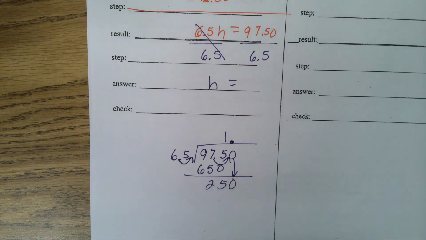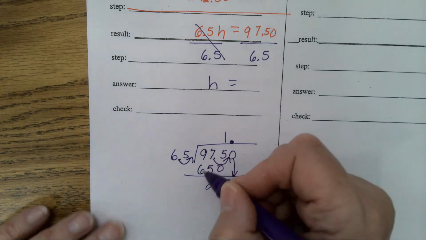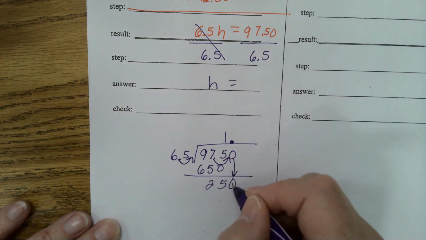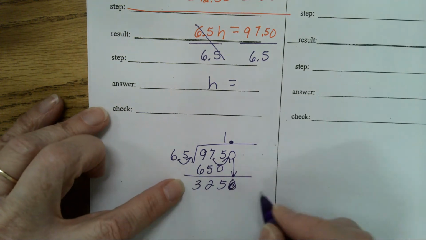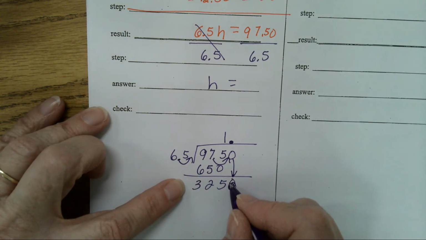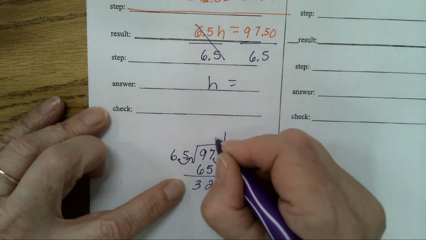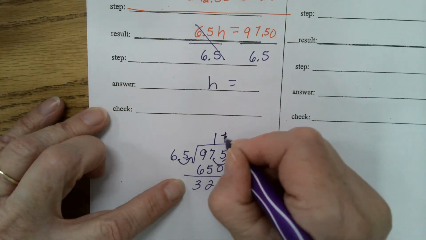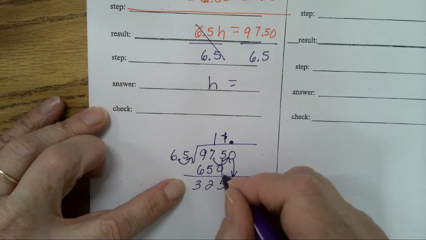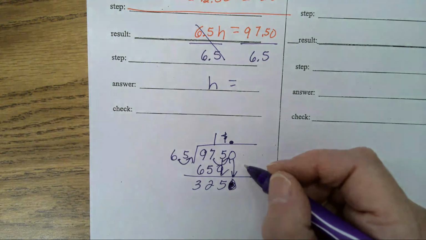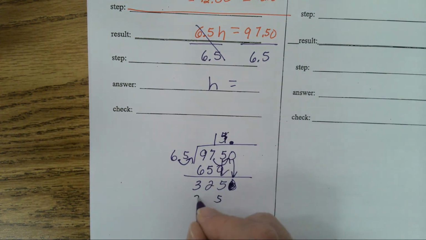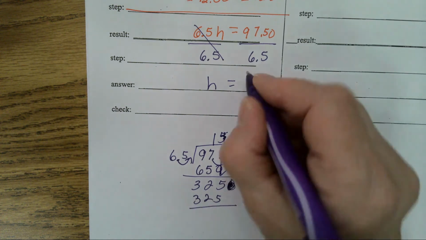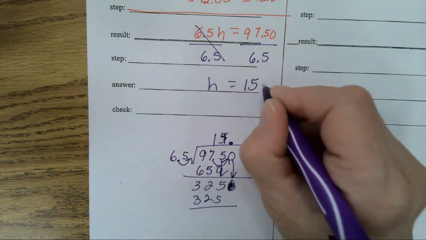Did I make a mistake? Oh, I forgot 9 minus 6 is, that's what I forgot. 9 minus 6 is 3. Now, the 1 should be above the 7, excuse me on that. So now I bring down the 5. It will go into that 5 times. And so H equals 15.